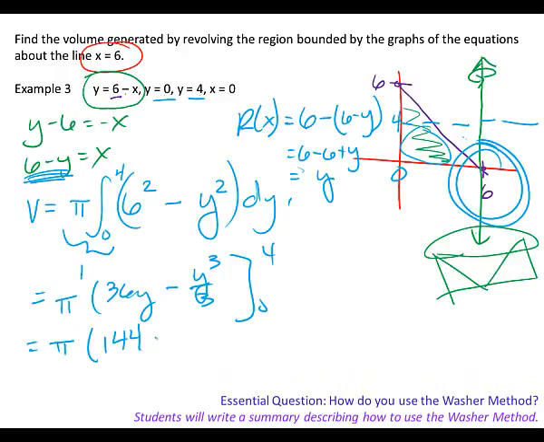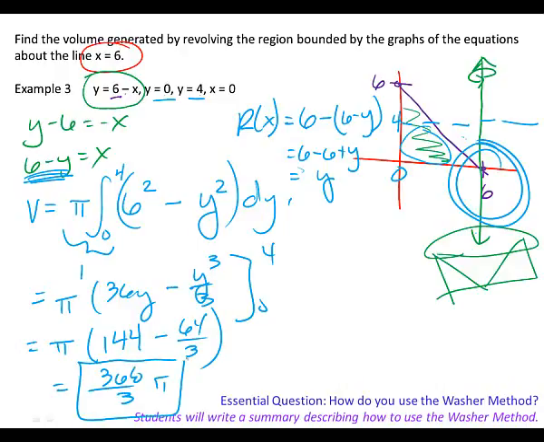Don't trust that. Wait. 120 and then 24. Okay, it ended in the right number. All right, what's 4 cubed? 64. In the interest of time, I had written down that it was 368 thirds pi when I did the actual arithmetic there.